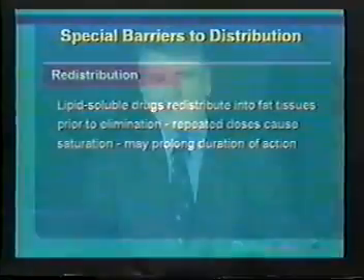Now, you stop giving the drug, but the pharmacological effects don't go away as quickly as you'd anticipated. And you can see why if you realize that what you've done is set up a situation where the drug has been sequestered in body fat. Now it's got to come out of that fat before it can be finally eliminated. And as it comes out and goes into the blood, it continues to exert effects.